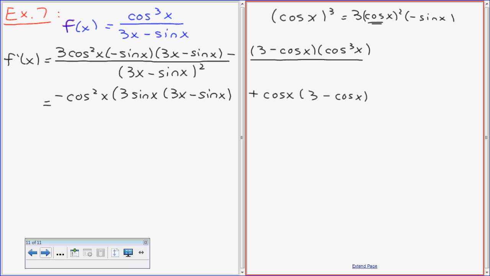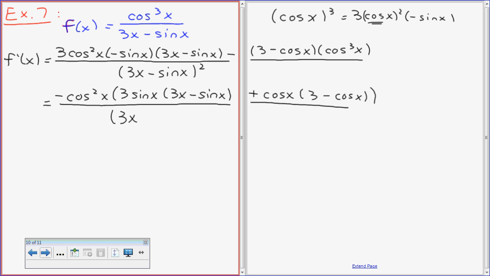Is anything going to cancel after that? I don't think so. I think you could FOIL it if you want to, but I don't think you're going to get anything out of it.